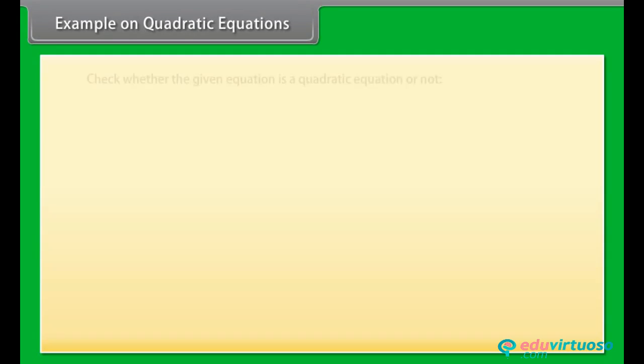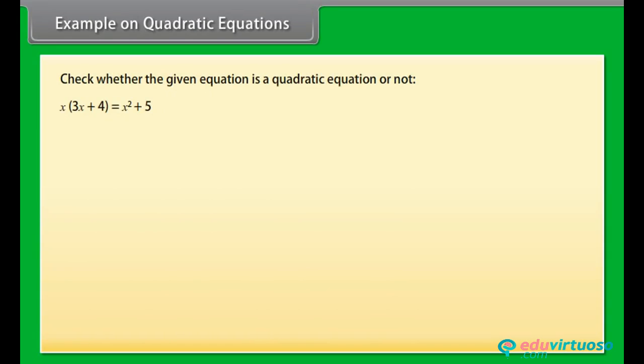Example on quadratic equations. We will now check whether the given equation is a quadratic equation or not. Solution. Here, LHS is equal to x into 3x plus 4 is equal to 3x square plus 4x.